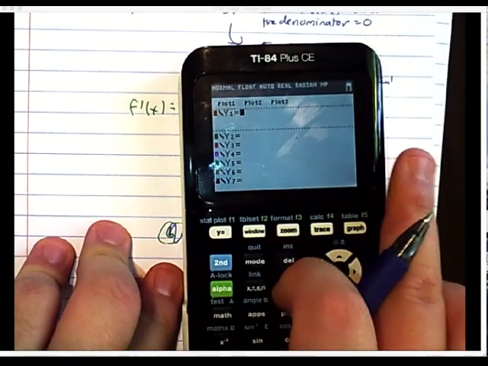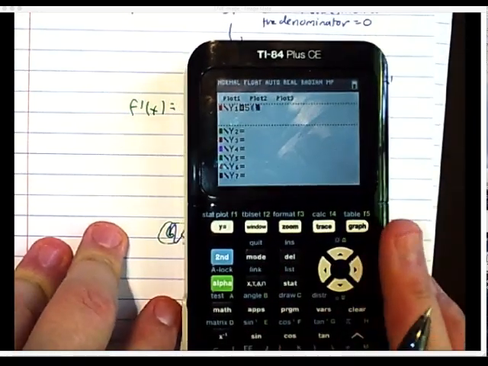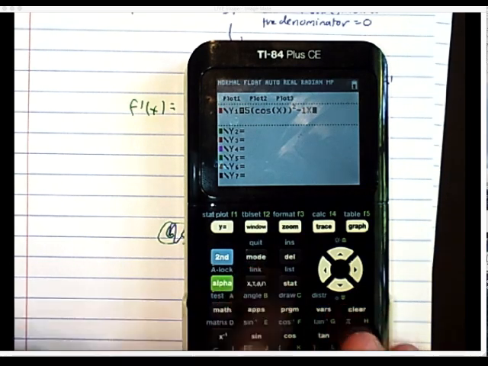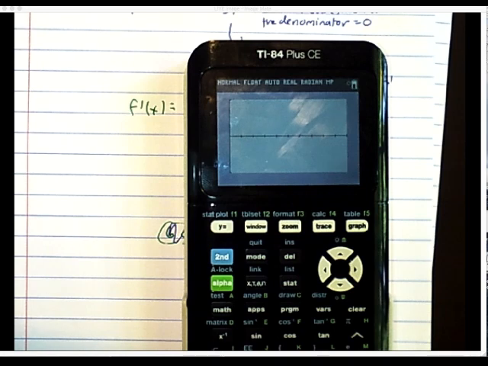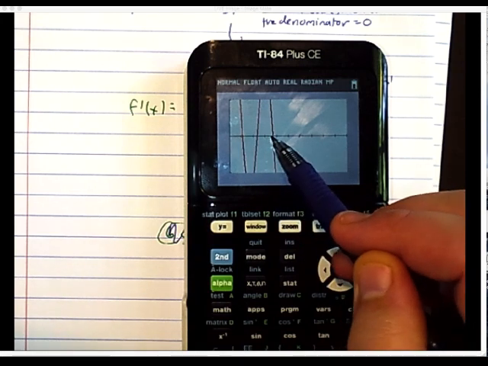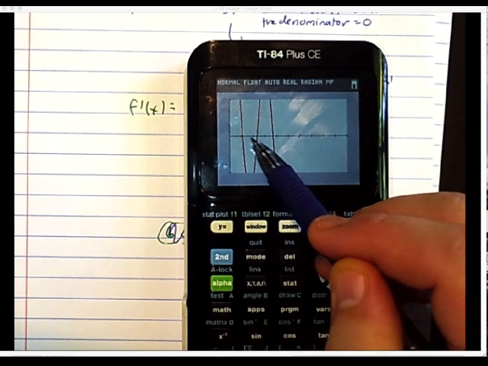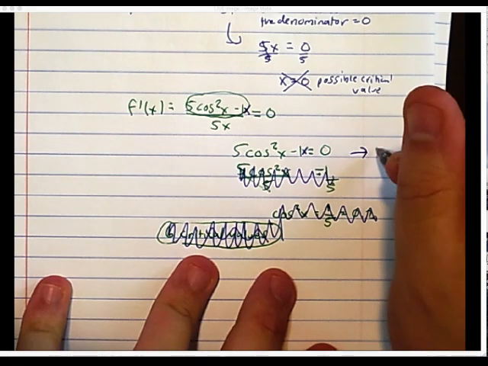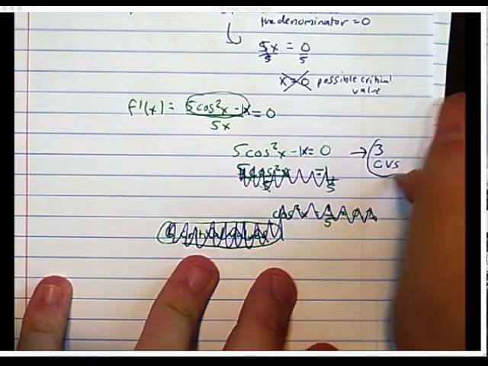So if I put that in, 5 cosine of x squared minus 1x. If I graph using the same window, how many times does it cross the x-axis? 1, 2, 3. There's only 3 spots. So if I looked at that graph, again, it crosses in 3 places, so there's 3 critical values.